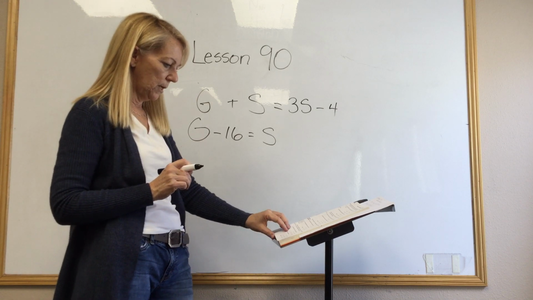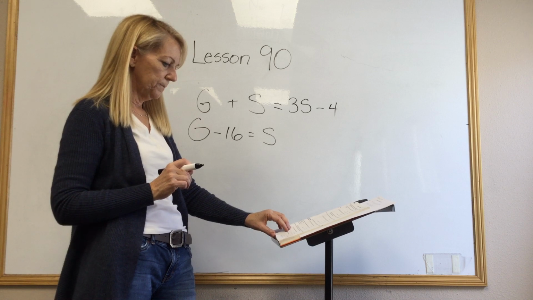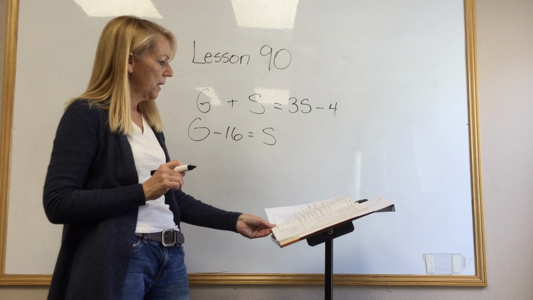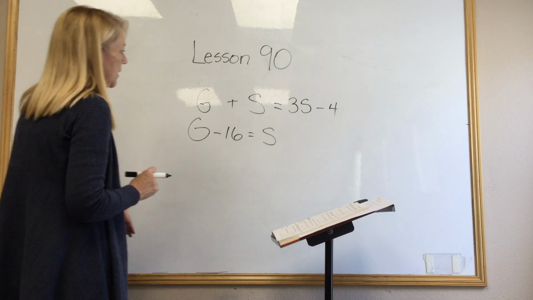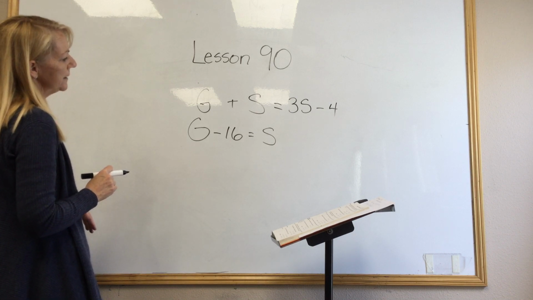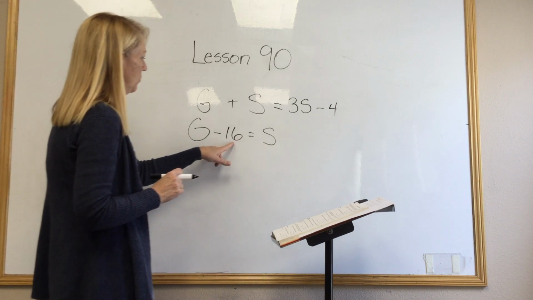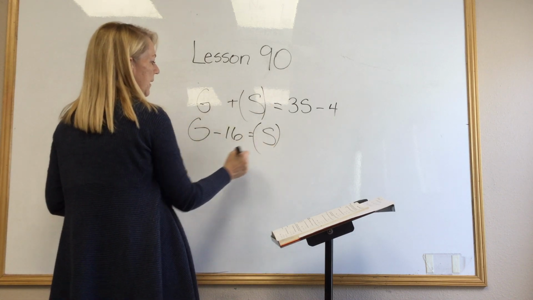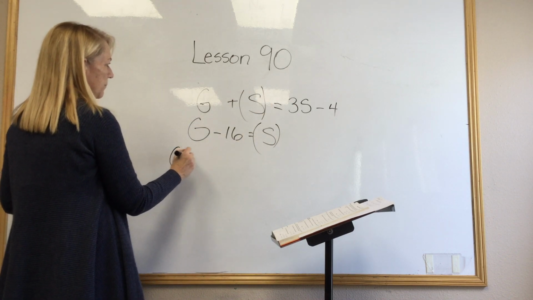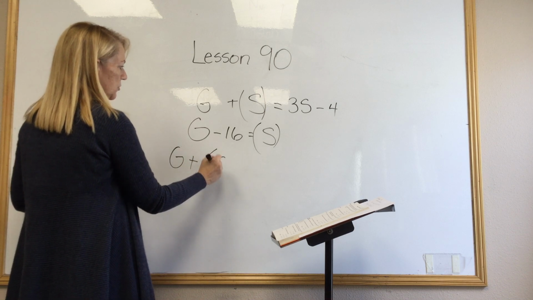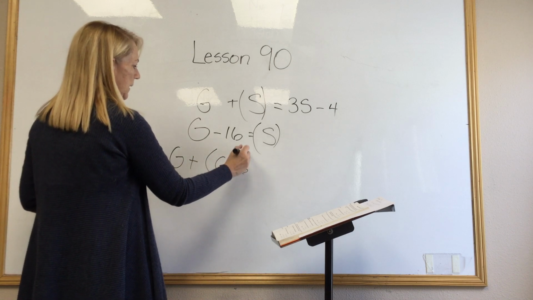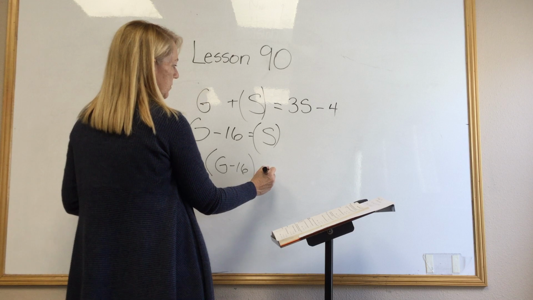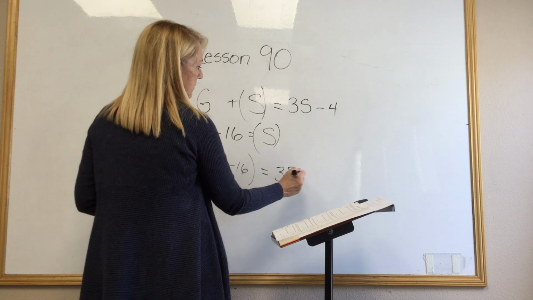I've lost my place where I'm looking here. All right. So, I'm going to solve for that. I know that S equals G minus 16. So, I'm going to substitute that in right there. So, G plus G minus 16 equals 3S minus 4.